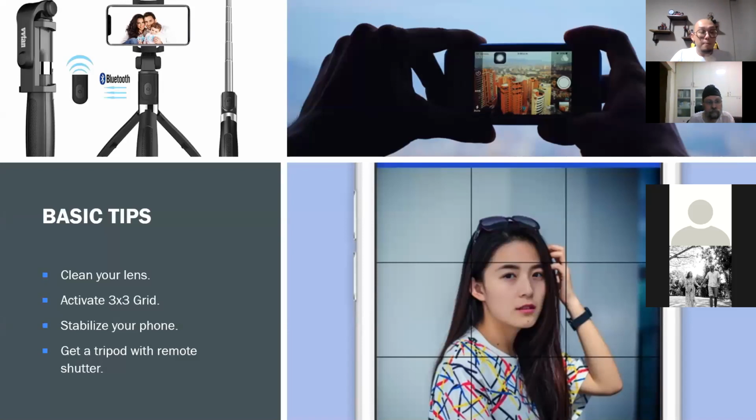So the important thing is what we need to always prepare ourselves. Okay, so these are some of the basic tips. Number one, when you're carrying your mobile phone, putting it into your wallet, into your pocket, or putting it on a table when you're eating, your lens will always be very oily. You have dirt, you have dust, whatever the case may be.